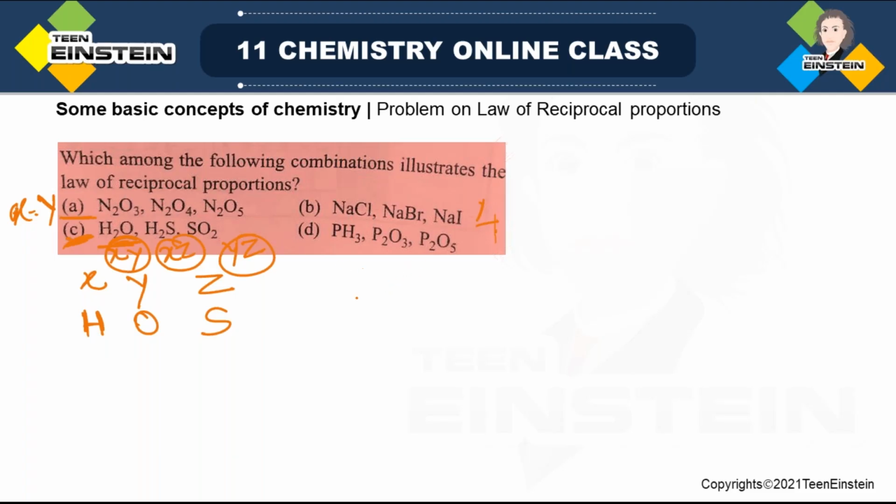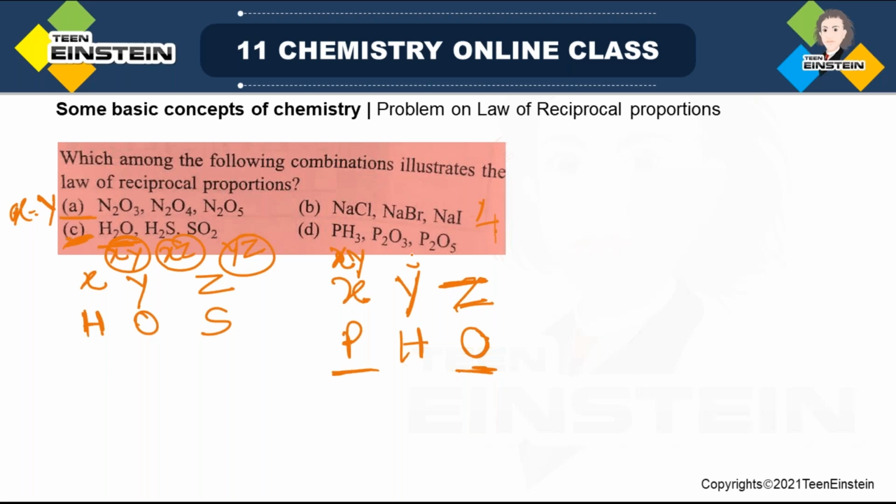But if you consider option D, again see 3 elements are present, X, Y, Z. So suppose one is phosphorus, another one is hydrogen, then oxygen. The first compound is PH3, that means it is a combination of X and Y. Second compound P2O3. So it is a combination of P and O, that means it is XZ.